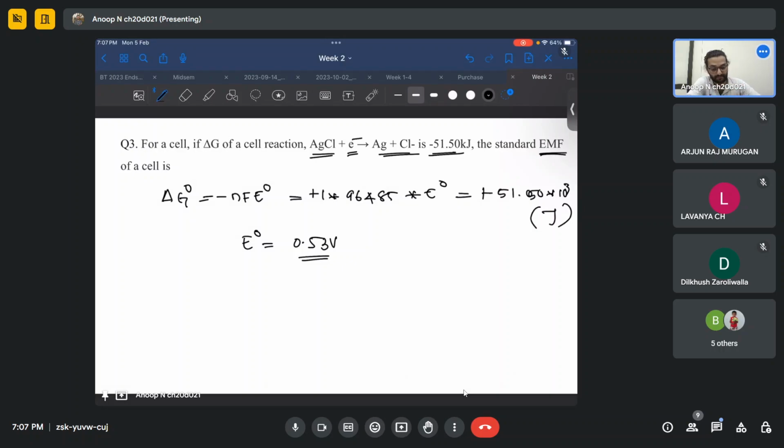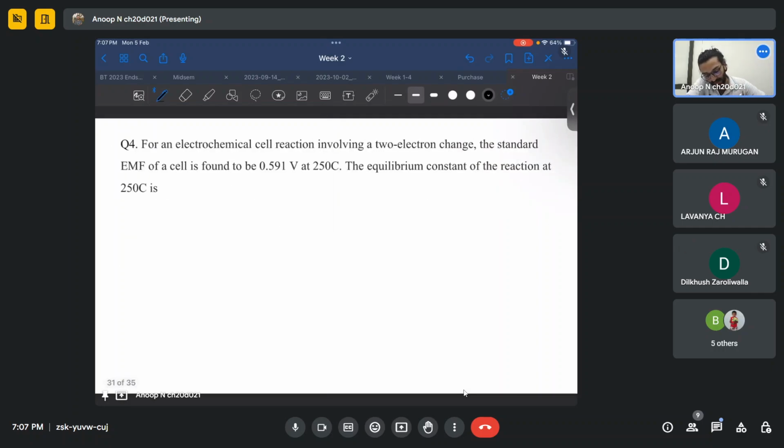Clear? Shall we move on to the next question? Everyone solved? Moving on to the next question. For an electrochemical cell reaction involving a two electron change, the standard EMF of the cell is found to be 0.591 volt at 25 degrees centigrade.